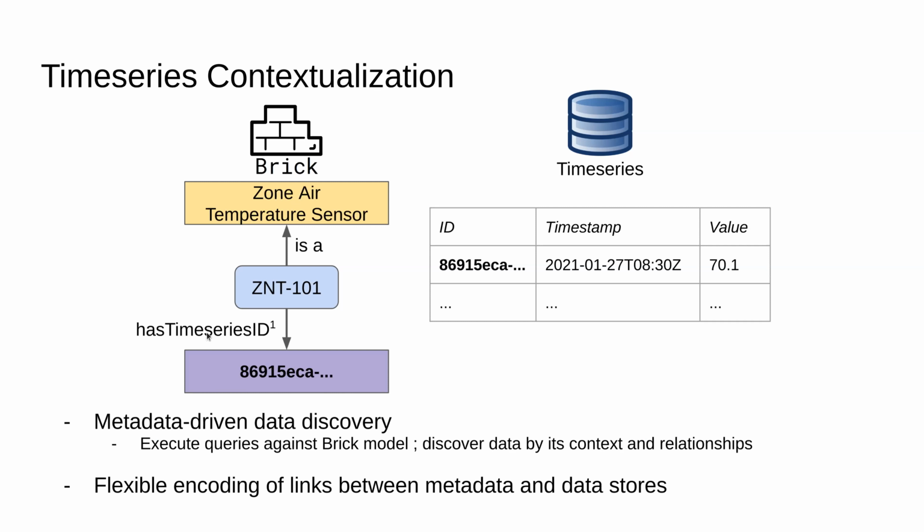It also has that time series identifier, and that time series identifier is what you would use to go fetch the data from your corresponding store. So this could be a SQL database, it could be Influx, it could be a bunch of CSV files in a file share somewhere. We're really not super specific on where that can be, so we're very flexible on that point.